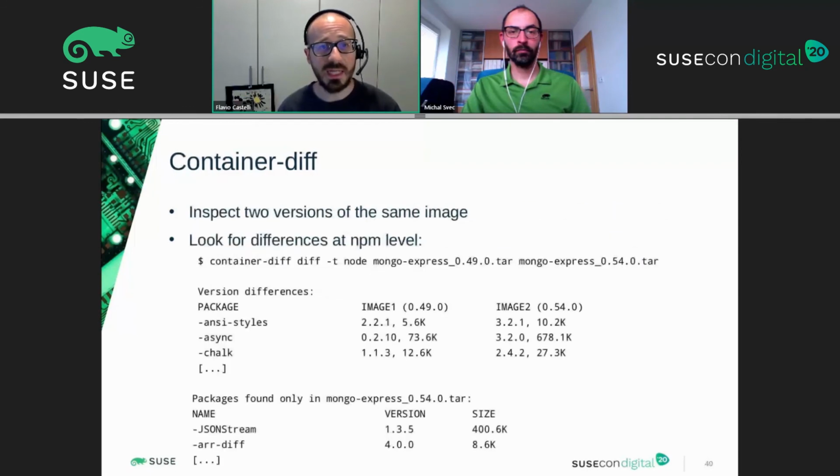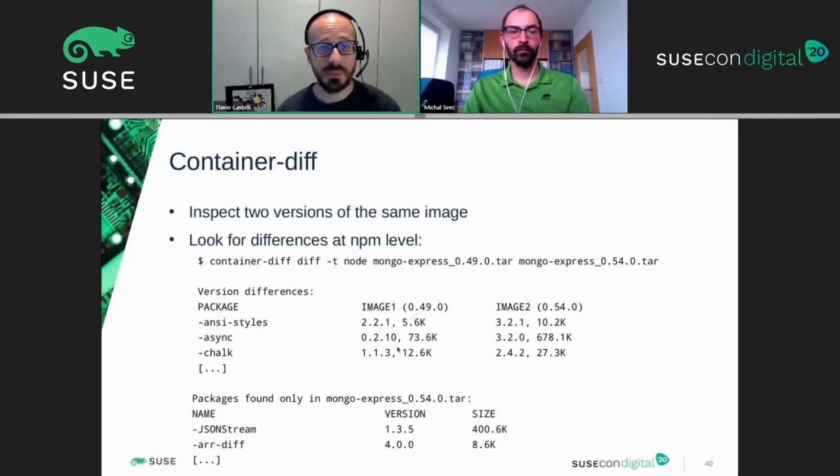And on this slide, I'm showing you how to analyze two different versions of the very same image. So here we are using ContainerDiff, using the node inspector, and we are running a diff against the two versions of Mongo Express, 0.54 and 0.44. So here you can see a snippet from the output that ContainerDiff generates. It shows you that, for example, some packages have been updated.